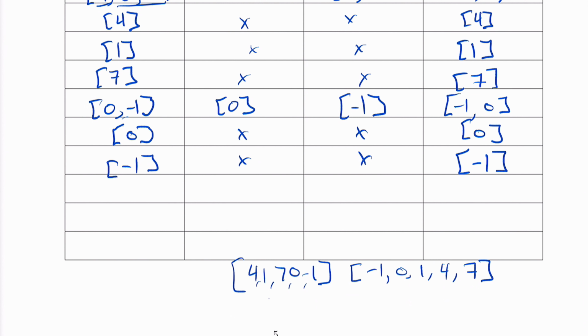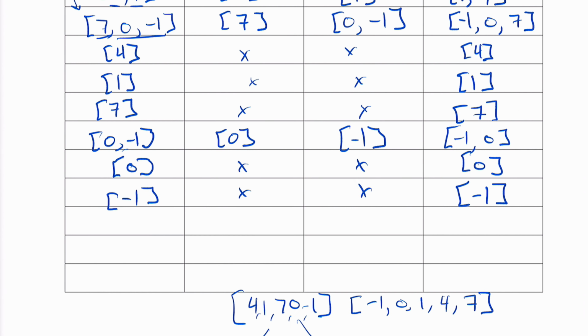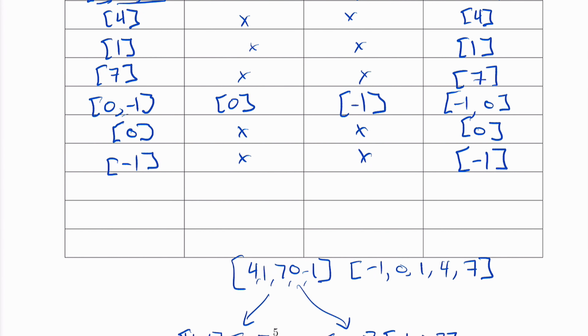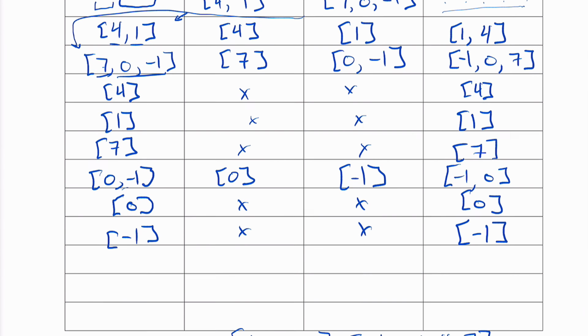And then that makes a recursive call to 4, 1, which turns into 1, 4, and to 7, 0, -1, which returns -1, 0, 7. Right, but all of this information is exactly the same. It's just written in a way that's easier to grade, right?